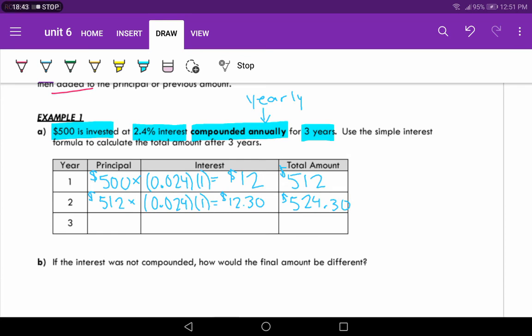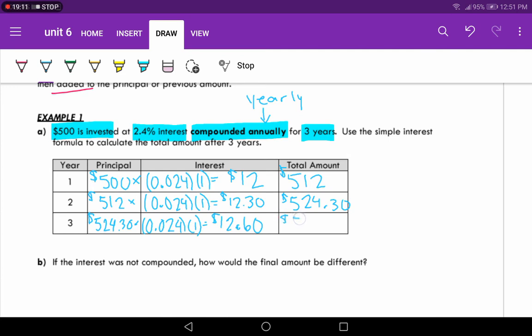So our new total is $524.30. Again, it's a new year, so I take my new total amount, $524.30, multiply it by that same decimal, multiply by 1, which you don't actually really have to do, right? Anything times 1 is itself. Now I'm making $12.60 this year.